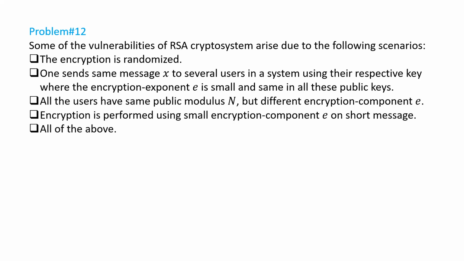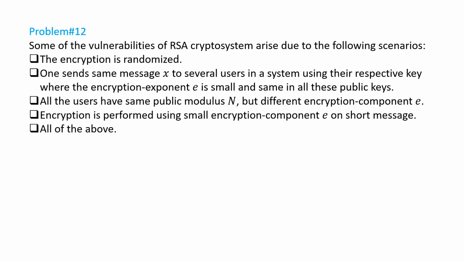Okay. So this is one vulnerability of RSA crypto system, where a very small value of E like E equal to 3 is chosen for all the users in a system. So that is one vulnerability.